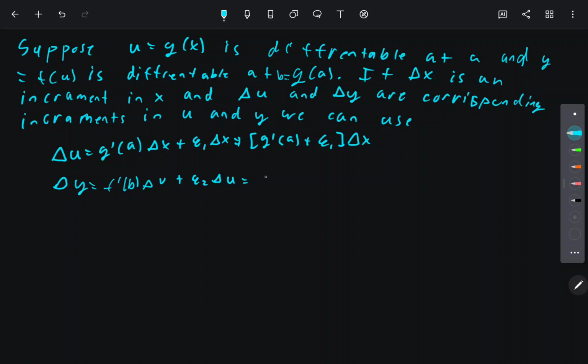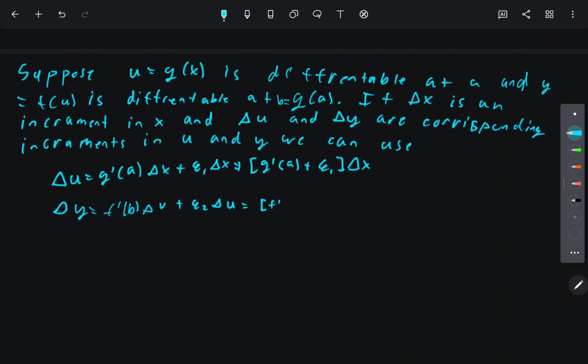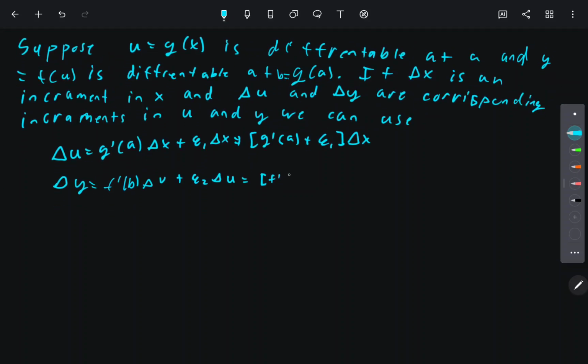And that's the same thing as f prime of b plus epsilon 2 times the change in u. Alright, now what?